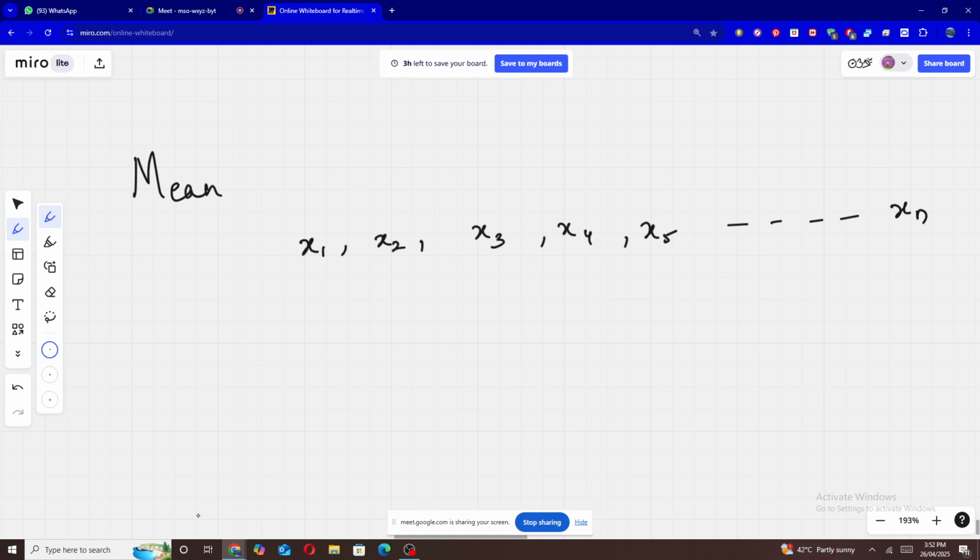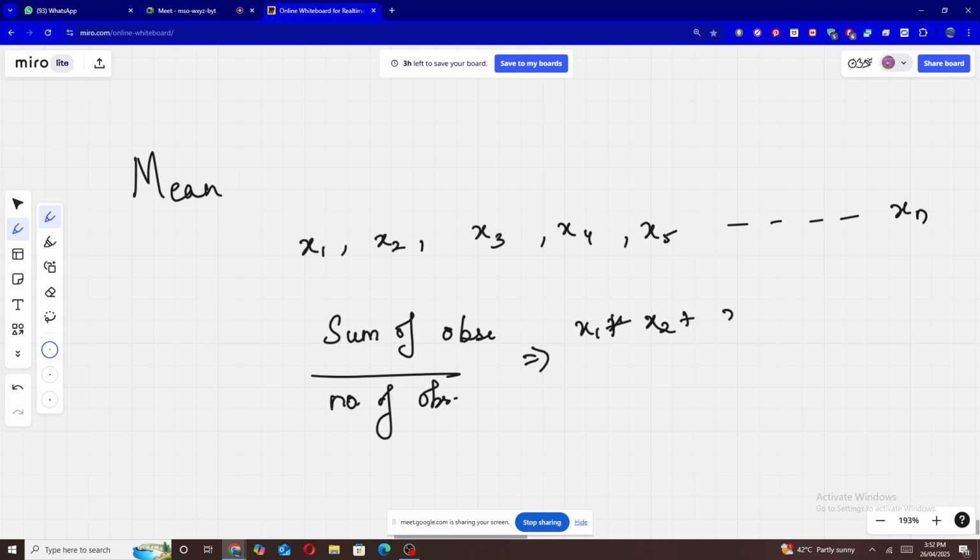Sum of observations by number of observations. So the sum of observations is x1 plus x2 plus x3 plus x4, and it goes on till xn, divided by how many observations there are, N.